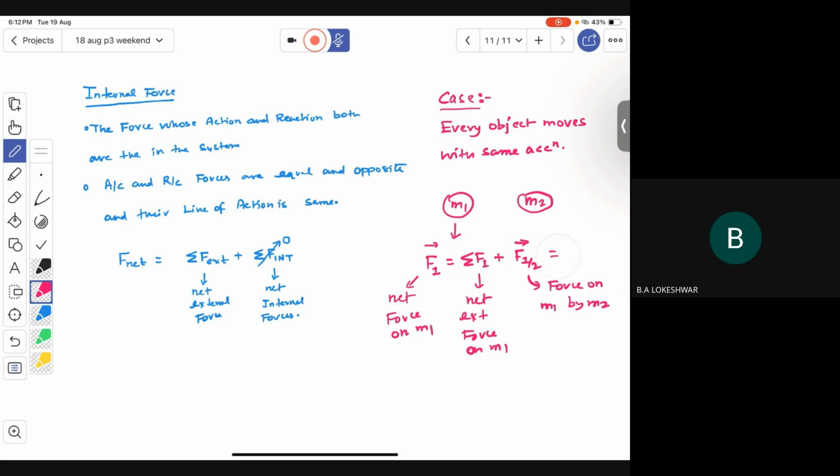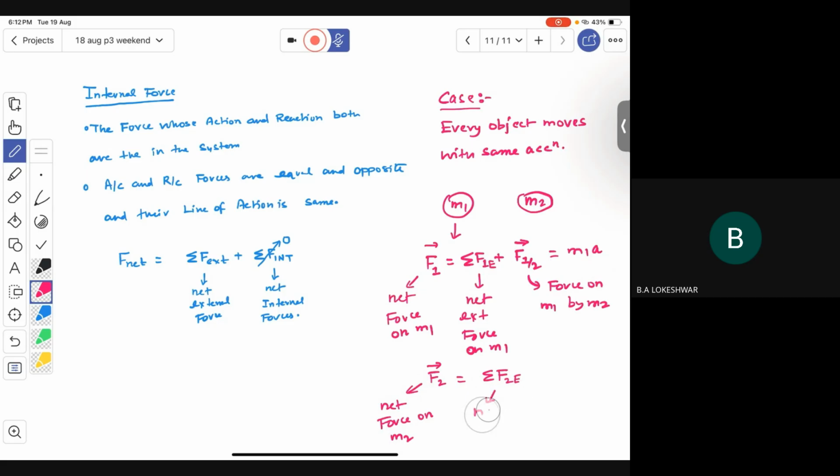And this I can write as M1 into A, because I'm considering all of them moving together. In the same way, F2 stands for net force on 2. So the net force on M2 is equal to the net external force on 2, which I write as F2E, and the net external force on 1 I write as F1E.